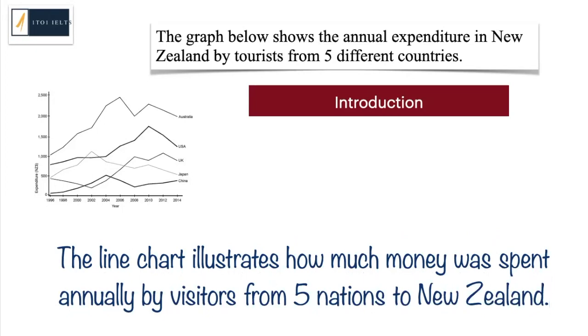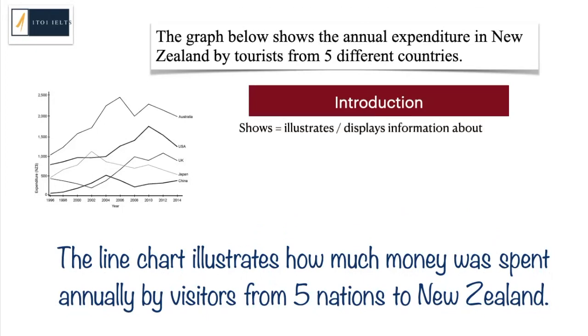We don't need to worry about the word below. Illustrates instead of shows, and then how much money was spent annually instead of writing the annual expenditure. Next, I mentioned by visitors instead of by tourists, and then from 5 nations instead of 5 different countries to New Zealand.